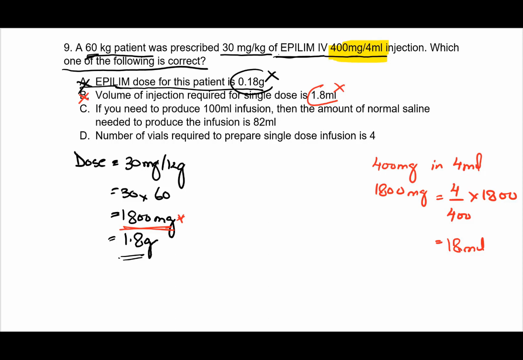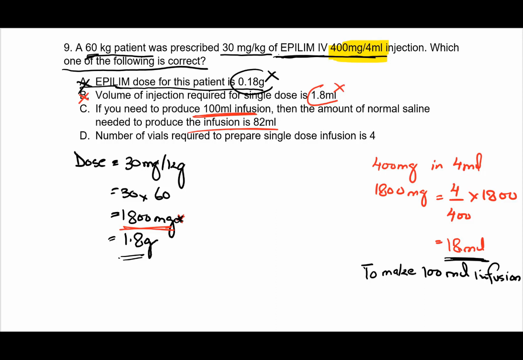Let's move to option C. It says if you need to produce 100 milliliters of the infusion, so that's the final volume of the infusion, then the amount of normal saline needed will be 82. If you look at it, the amount of this injection I will take is 18 mils, because this 18 mils is going to have this 1800 milligram dose. So I would take 18 milliliters of the injection, and to make 100 mils of infusion, how much normal saline would I add?